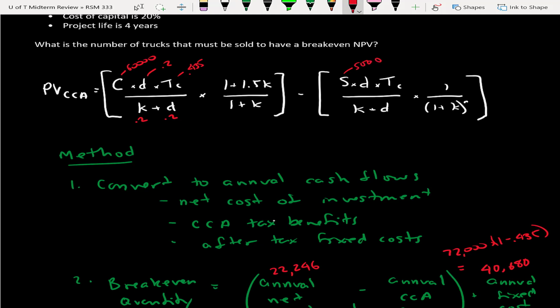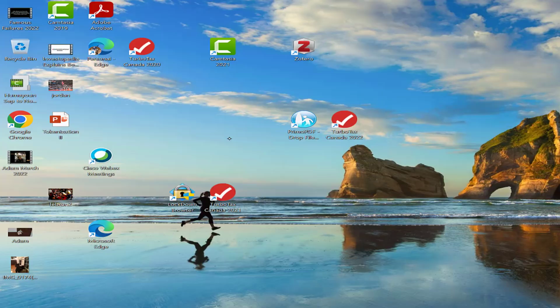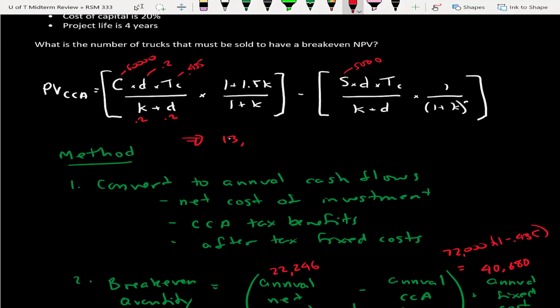If I solve for that, I get a present value of the CCA tax shield of 13,613.